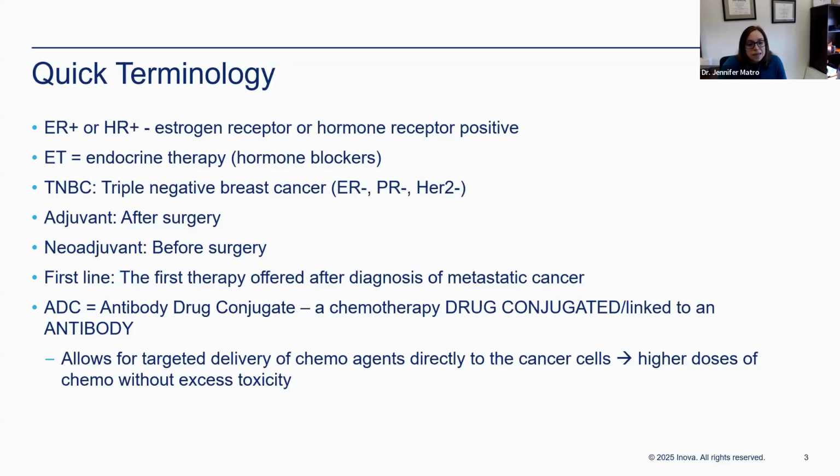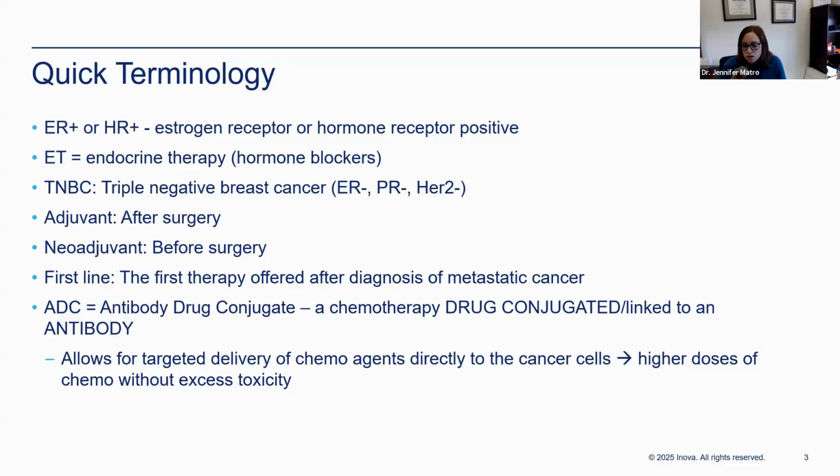And then when that medicine stops working, then we go on to the second line and third line and so on. ADC or antibody drug conjugate, this is a big word or big concept in not just breast cancer, but essentially every chemotherapy drug, other than the targeted medicines that are a little bit more specific.